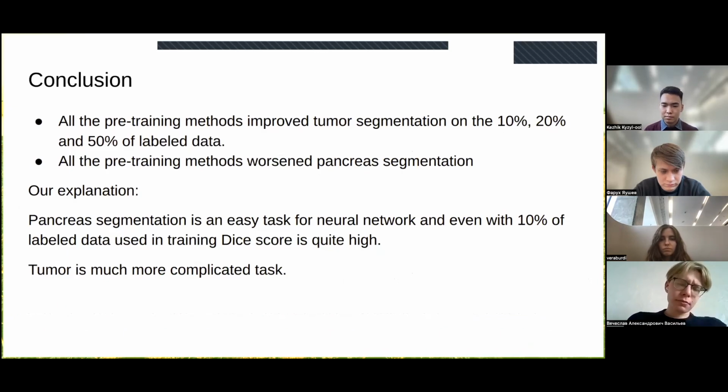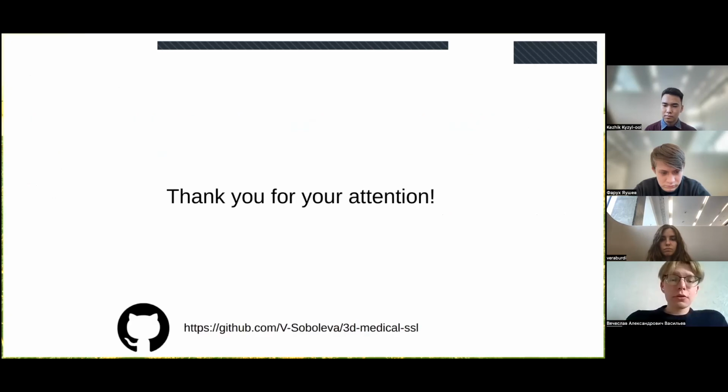In conclusion, again, all the pre-trained methods improve tumor segmentation, but they worsen pancreas segmentation, because tumor segmentation is a much more complicated task. So that's all. Thank you for your attention.